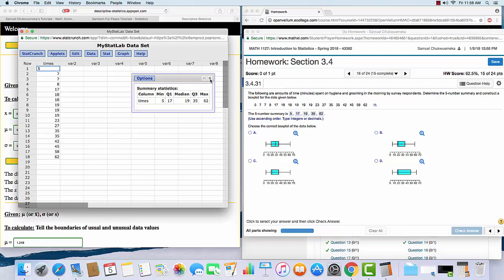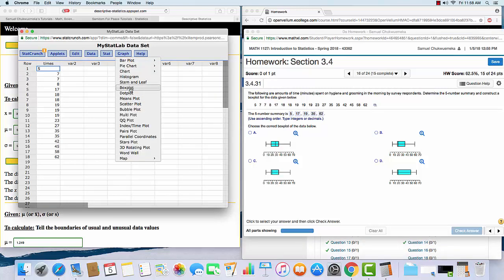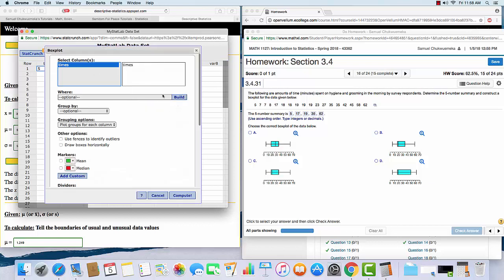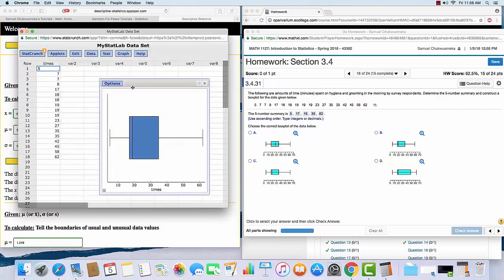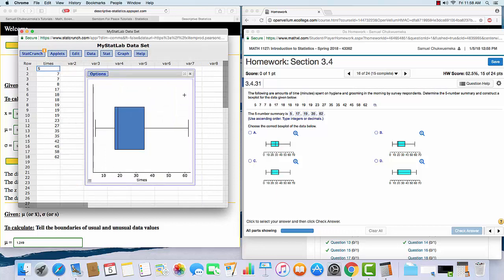Now the box plot. I close this, go to graph, select box plot, select the columns, check the box, draw boxes horizontally, and then click compute. All right, let's start with elimination.